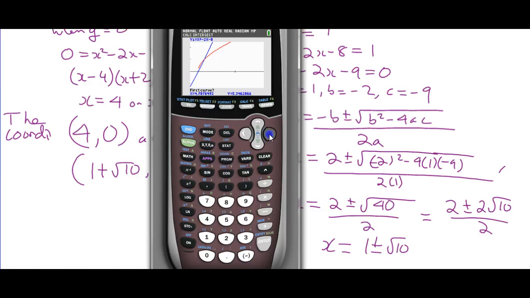Okay, I'm going to go zoom standard. I'm going to just put it back. If I want to find the invariant point, I'm better off in a window where I can see what's going on. So I'm looking for this guy here.